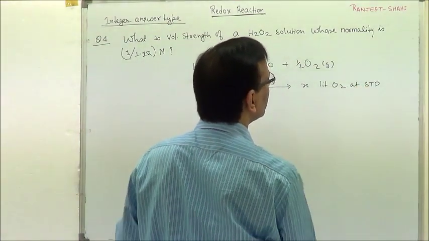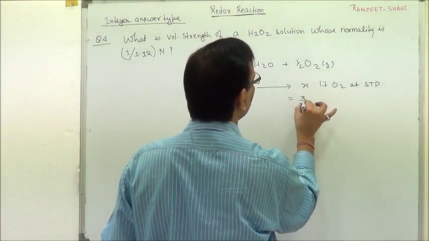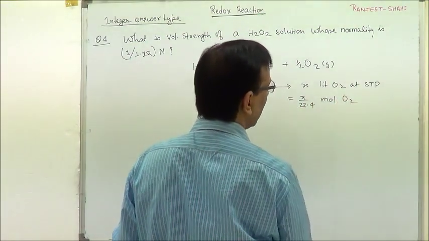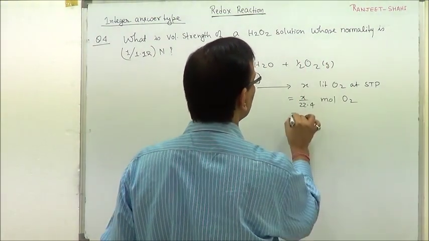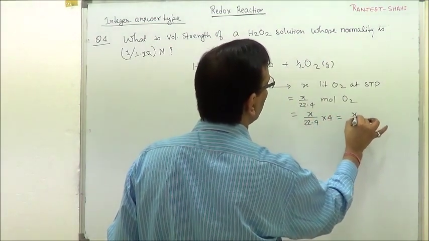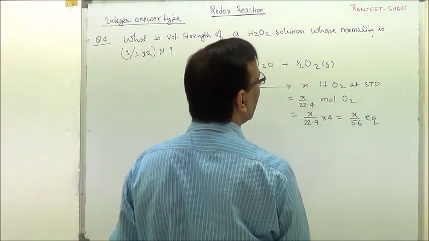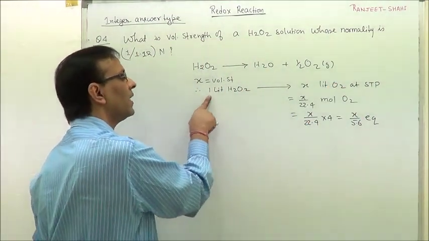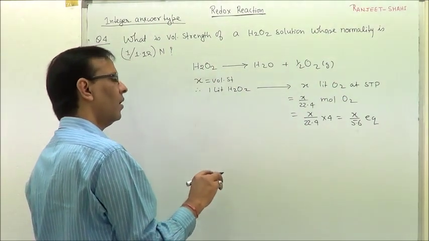and X liter of oxygen implies X upon 22.4 mole oxygen, and for oxygen n factor is 4, so X upon 22.4 into 4, so X upon 5.6 equivalent. And this is the equivalent of oxygen, the same will be the equivalent of H2O2 in 1 liter, and that will be the normality, as we have done previously also.